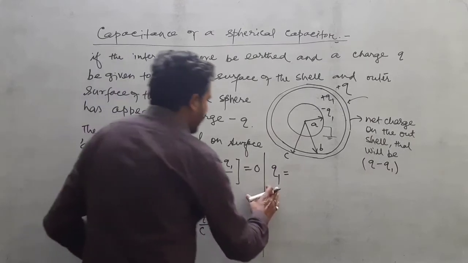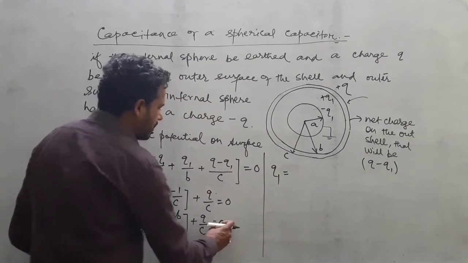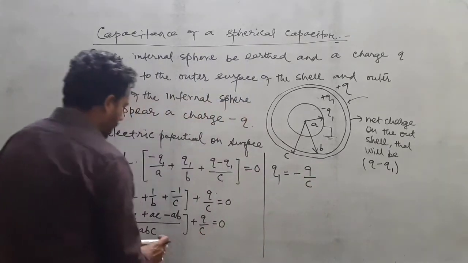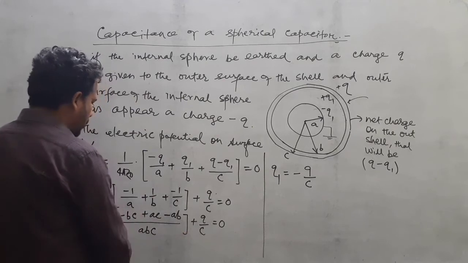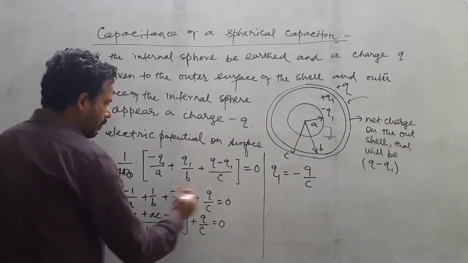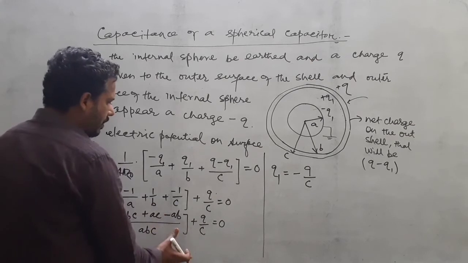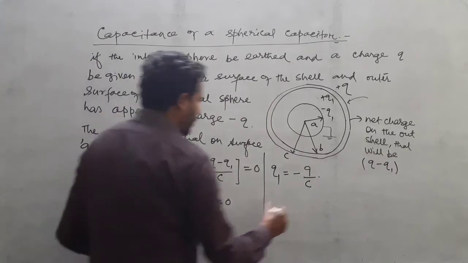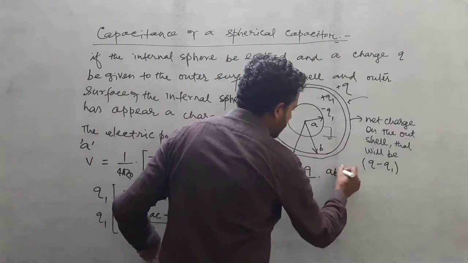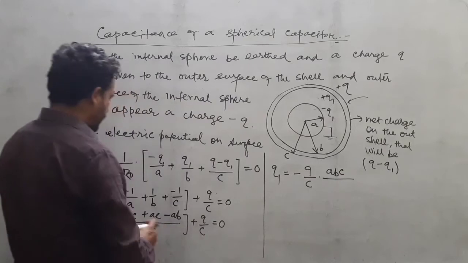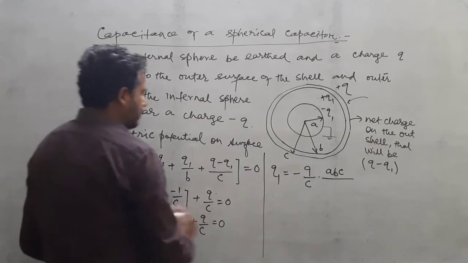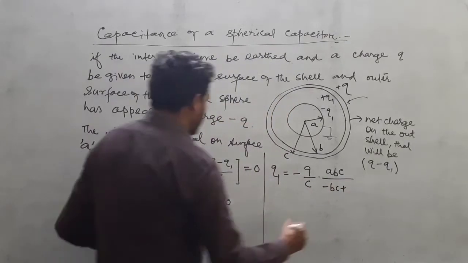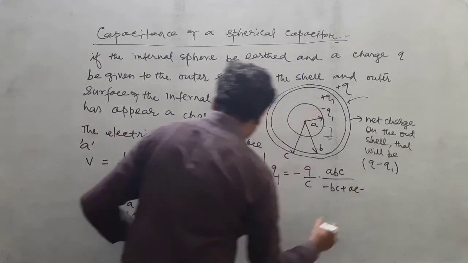Q1 is equal to, now this will go to the right side, that becomes minus Q by C, and because this is a multiple of Q1, after going to the right side it will be divided by ABC divided by minus BC plus AC minus AB.